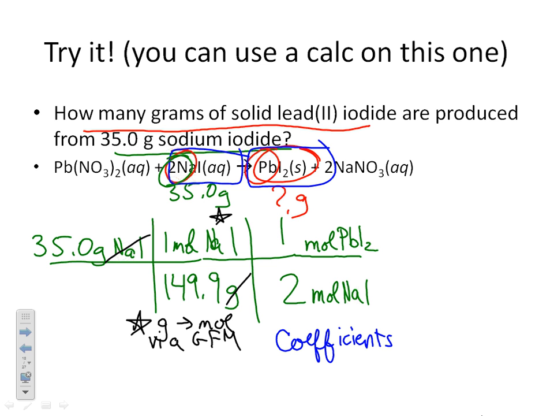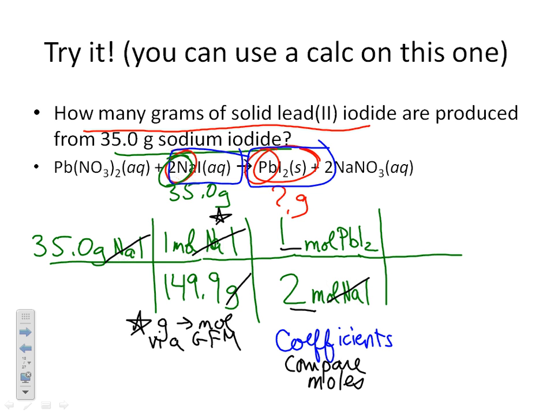This is where we are comparing moles of one thing to moles of something else. So here we're turning the moles of the sodium iodide into moles of lead-2 iodide. We recognize that they are in a 2-to-1 relationship. However many moles of the sodium iodide I have, that will create half as many moles of the PbI2, right? The 2 moles of the NaI create only 1 mole of the PbI2. That's our second step, that absolutely crucial comparison step.